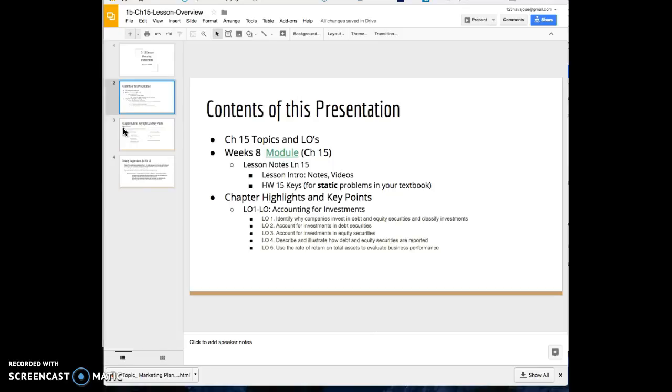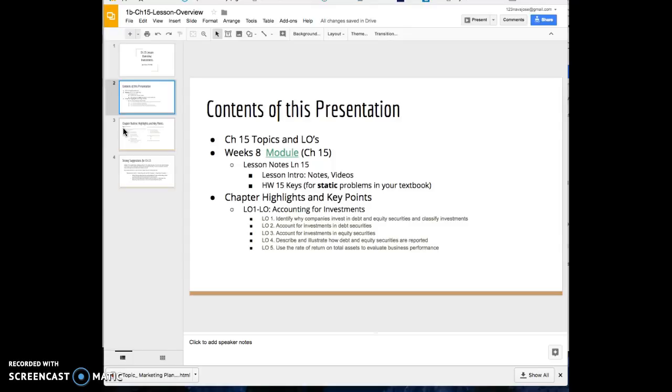You will see that learning object number 2 talks only about debt investments, which basically means investments in bonds. So in Chapter 14, you were talking about issuance of bonds. You're the one selling bonds, so you're taking the perspective of the issuer or the borrower of the bonds.